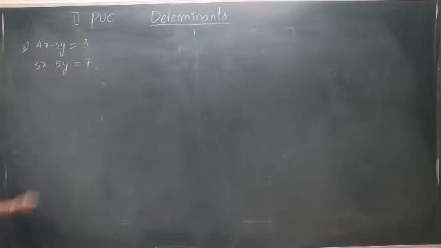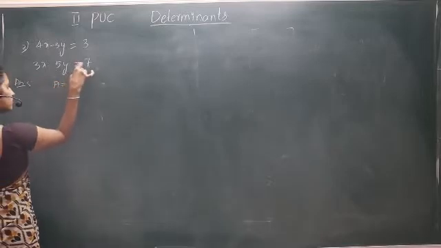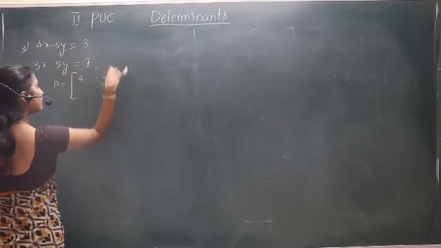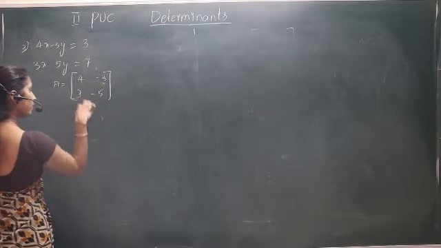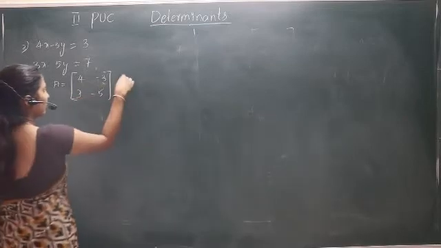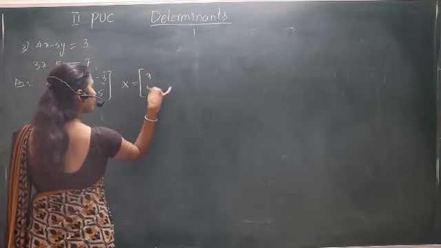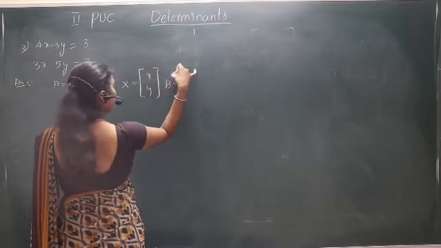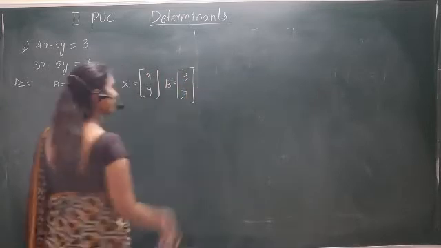First we have to write the given system as A equal to 4, minus 3, 3, minus 5. Then X is equal to x and y, and B is equal to 3 and 7.